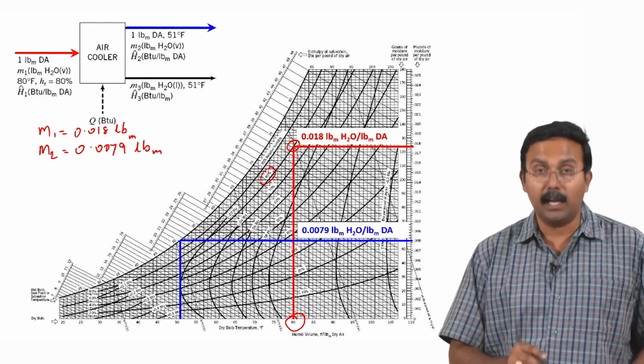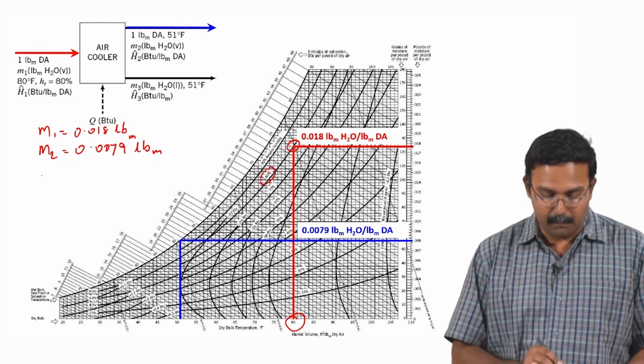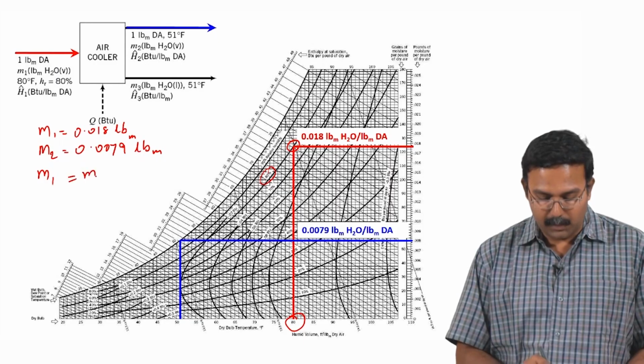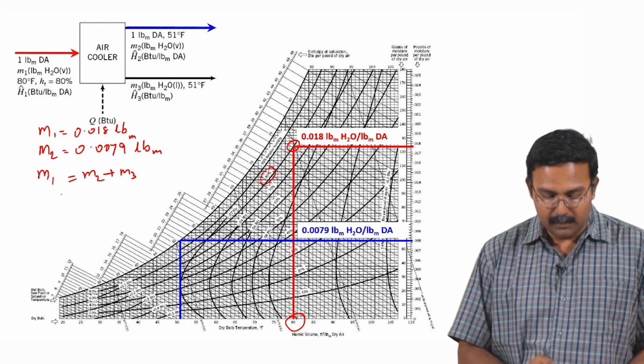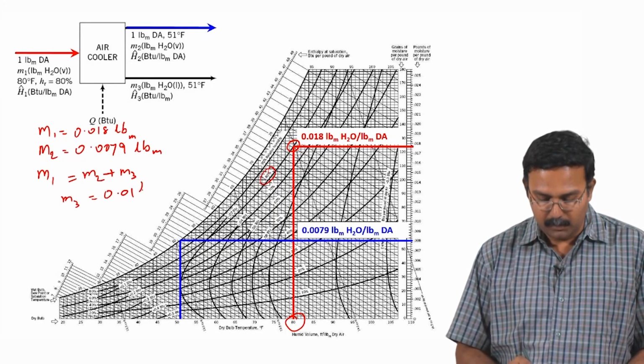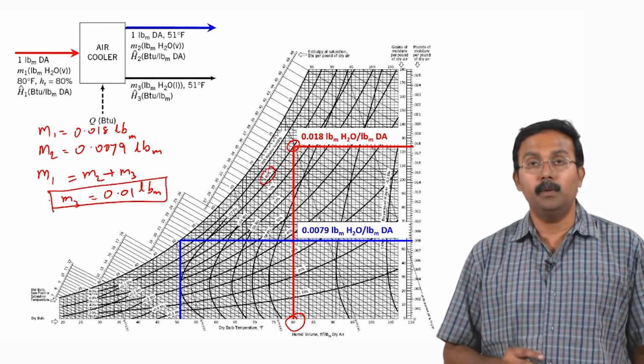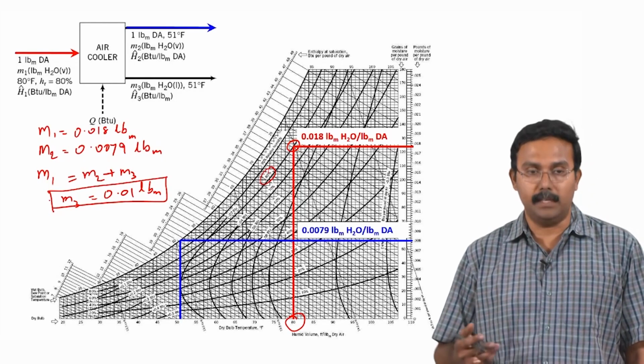So from here we can calculate M3 using simple material balance. So your water balance would be input equals output, which is M1 equals M2 plus M3. So from here you can calculate M3 as 0.01 pound mass. So this is the liquid water which is obtained because of condensation.